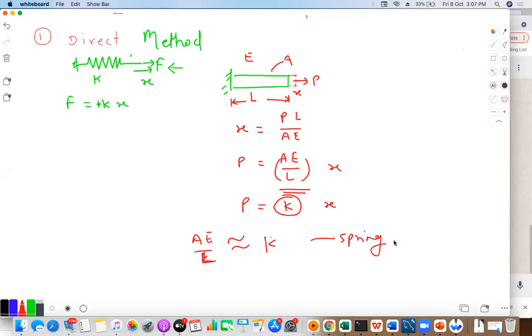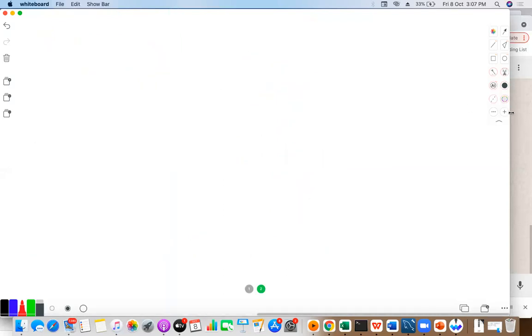Now, let us take a spring. Let us consider this as node 1 and this as node 2.